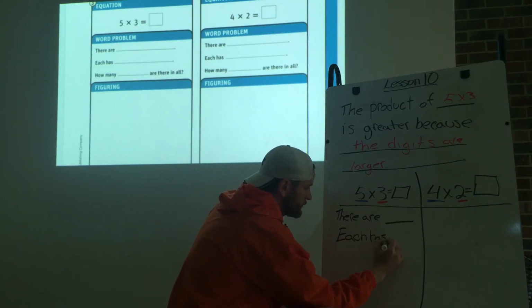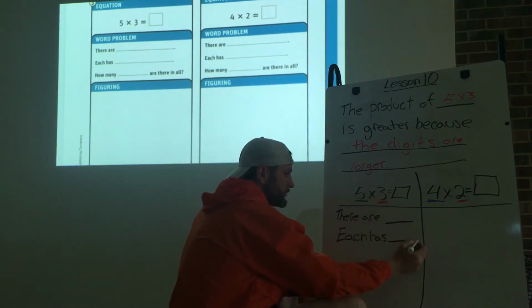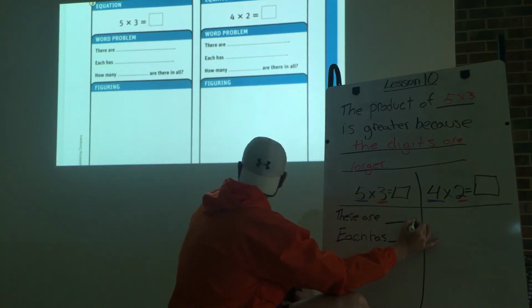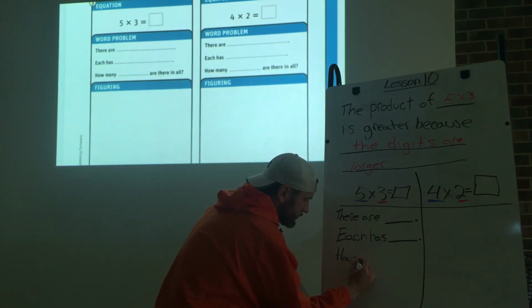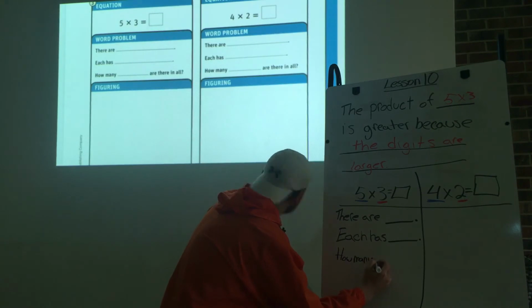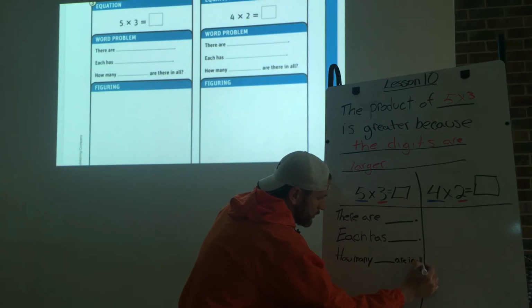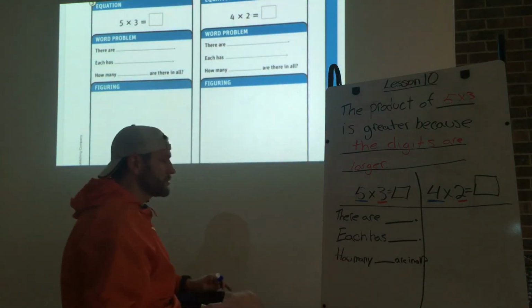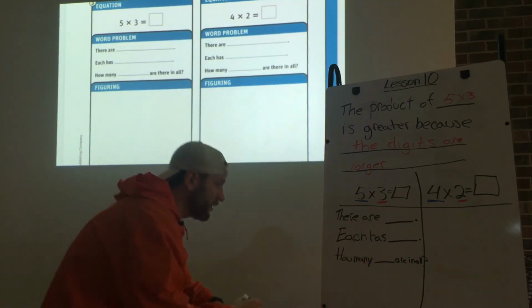Each has, so what has 3 of something? What has 3 of something? How many blank are in all? So something has 3 of something, and then there's 5 of those.